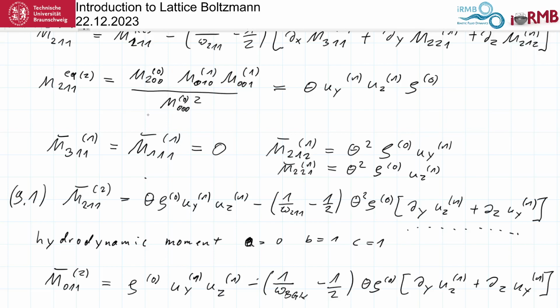What this means is that the moment M211 and M011 must be coupled, because they completely depend on the same thing. However, the entire idea behind the MRT approach with the different relaxation rates is that these things are not coupled.